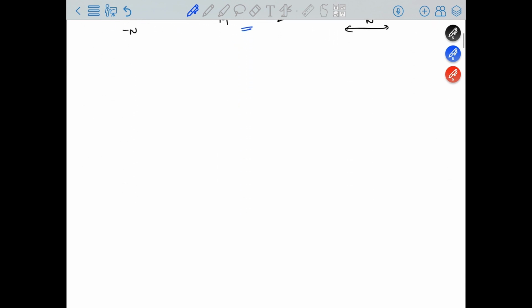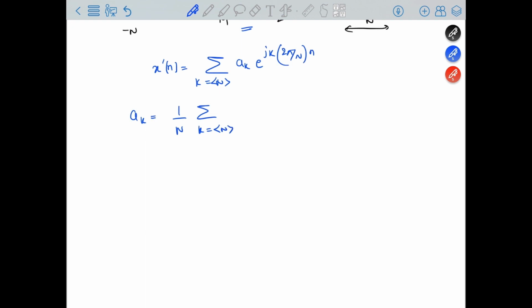We have the formula for the Fourier series already. So we can write x tilde[n] as the summation over k equal to N, where N is the period, of a_k e raised to the power jk 2 pi by capital N multiplied with small n. And we also know that for the coefficient we can write 1 over N summation over k equal to N of x tilde[n] e raised to the power minus jk 2 pi by N multiplied with small n.